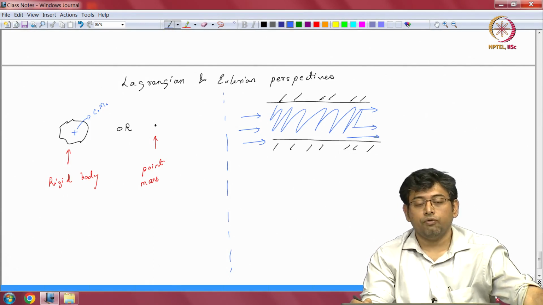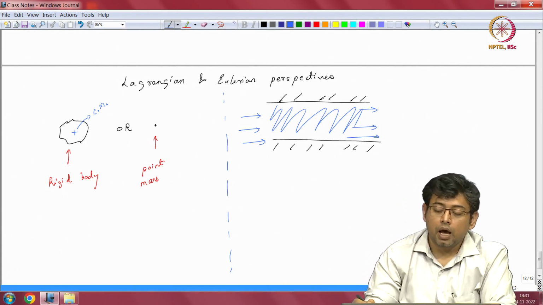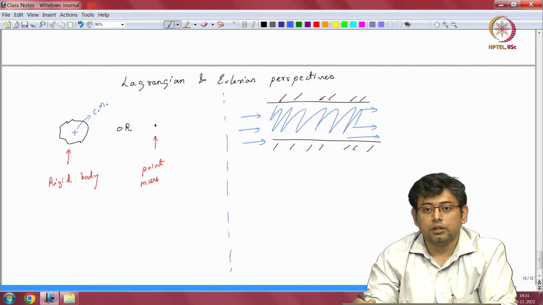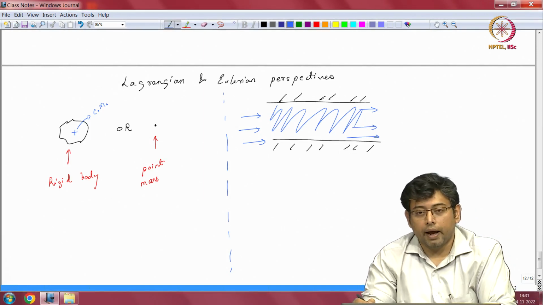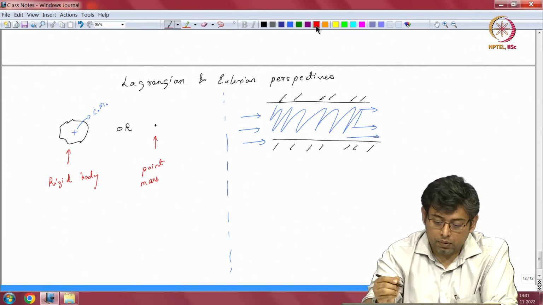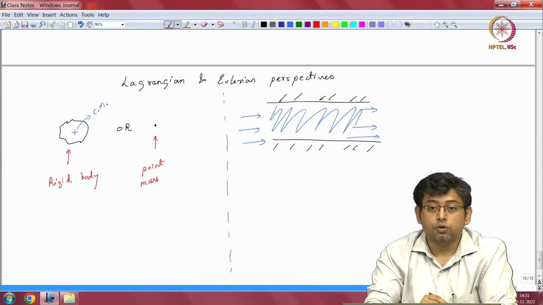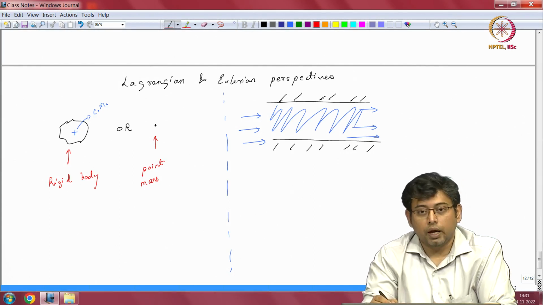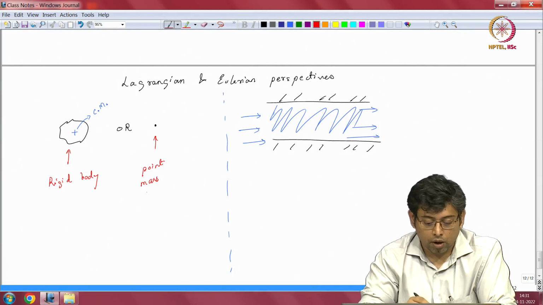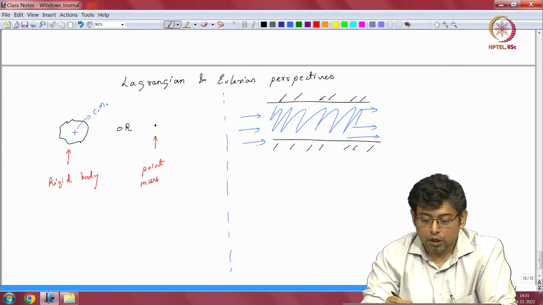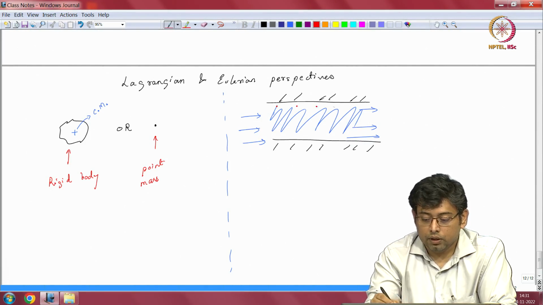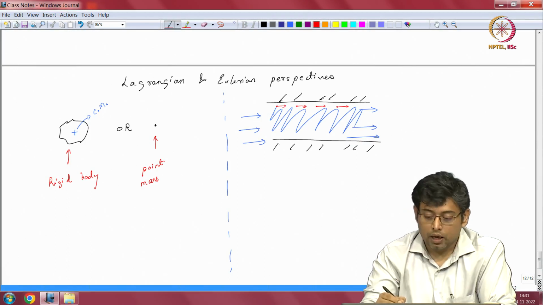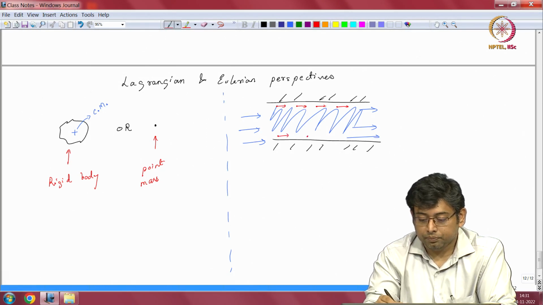So obviously you are suffering some sort of displacement and some sort of velocities are generated in the system, and now you have to track. Now we obviously cannot use the rigid body idea, so we have to look at this fluid as an ensemble of point masses. So every point here has some velocity as a function of time, and that is why the entire fluid is moving. Right. So every single point.